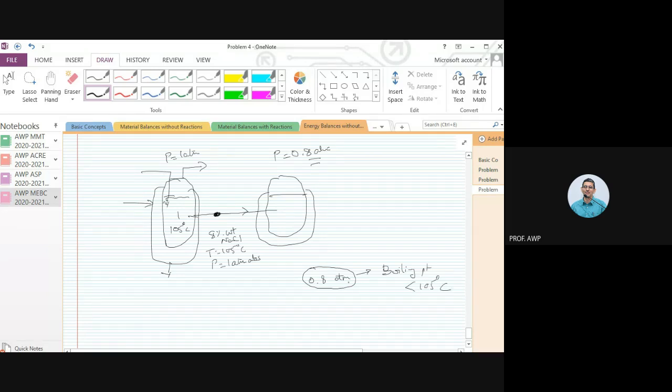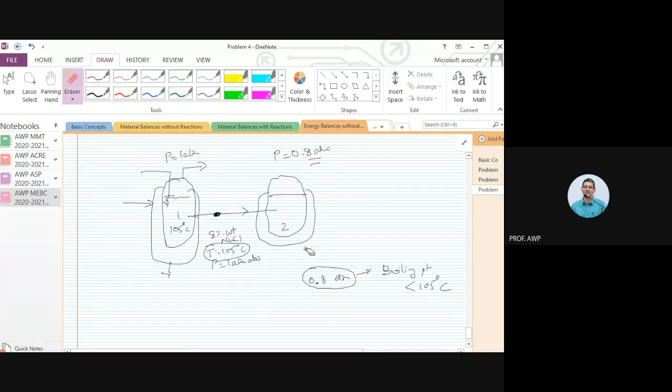So for the purpose of the second evaporator, it is as if this solution, which is at a temperature of 105, has suddenly reached a pressure of 0.8 atmosphere. The solution now is superheated, and therefore that superheated solution, being thermodynamically unstable, will vaporize.